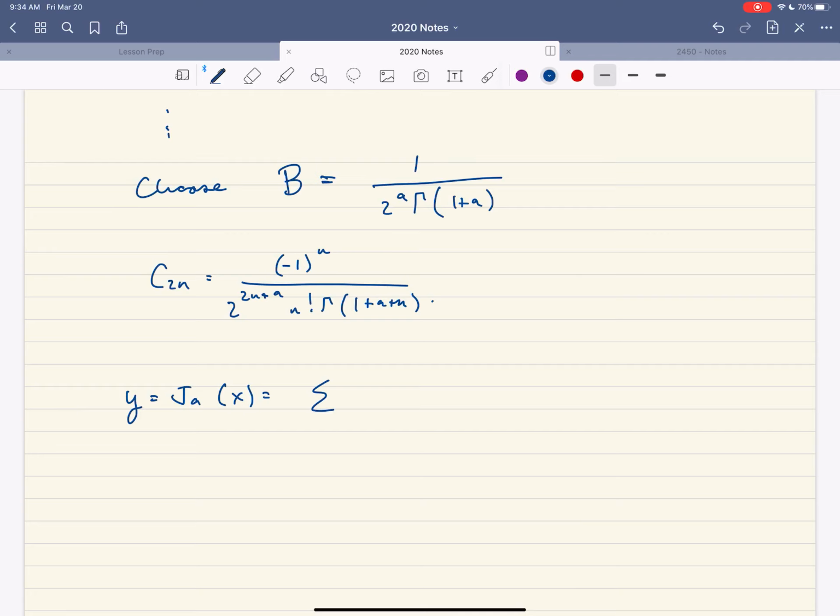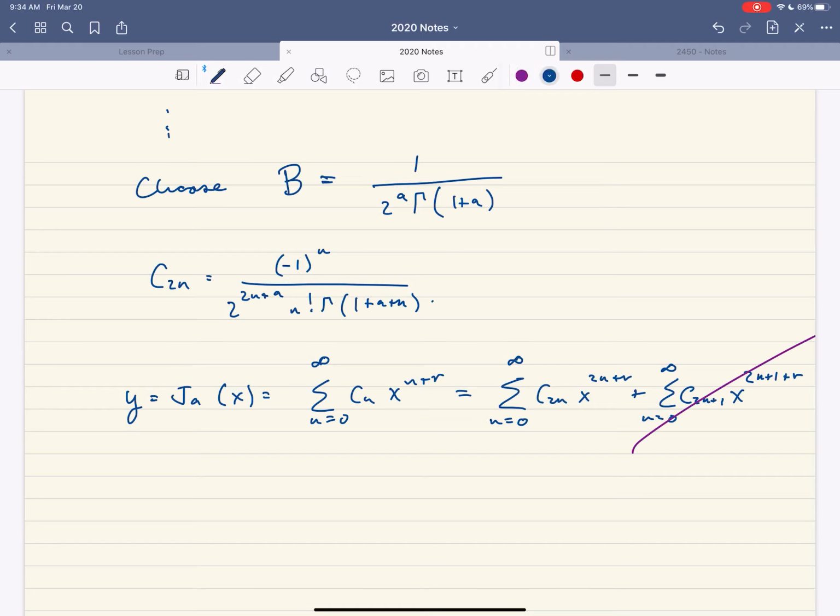going to be the sum from n equals 0 to infinity, c sub n, x to the n plus r. And we're going to do the usual trick where we write this in terms of the even and the odd values of n. So it's going to be c sub 2n, x to the 2n plus r, plus the sum from 0 to infinity, c sub 2n plus 1, x to the 2n plus 1 plus r. And of course, all the odd terms are 0, so those are all gone.